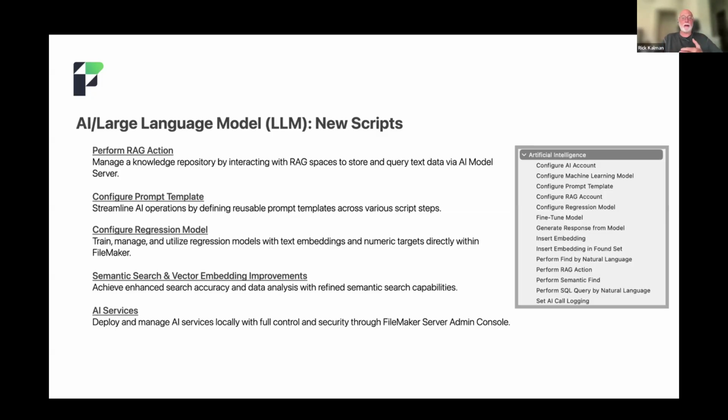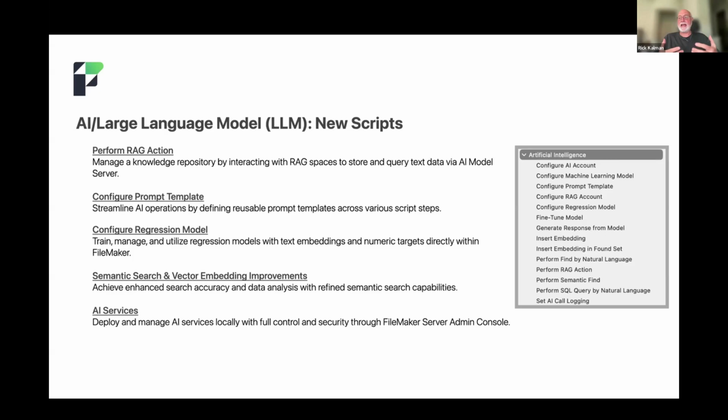And then we have things like Configure Regression Model as well. We have continued in 2025 to make refinements to the semantic search and vector embedding that we had introduced in FileMaker 2024. So those are improved as well.